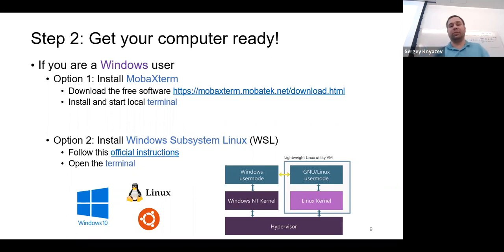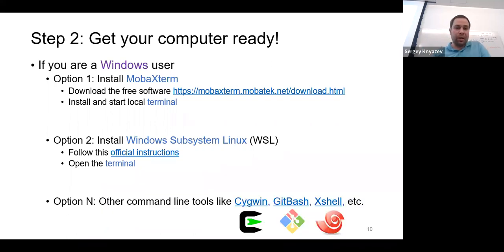Recently there appeared another way of interaction through the Linux kernel. Okay, you can use additional options like Cygwin, Git Bash, or Xshell if you have ever met them or are familiar with them. So these are just some systems that allow you to use a terminal. Okay.